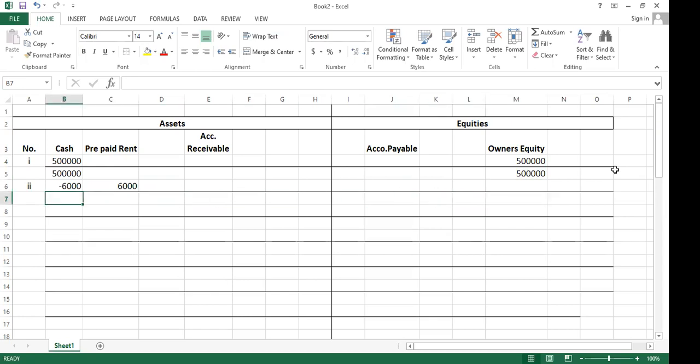Cash balance is 494,000, and newly added prepaid rent 6,000, and owner's equity 500,000.